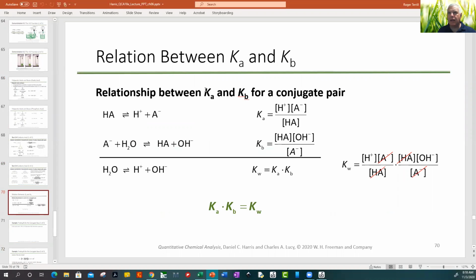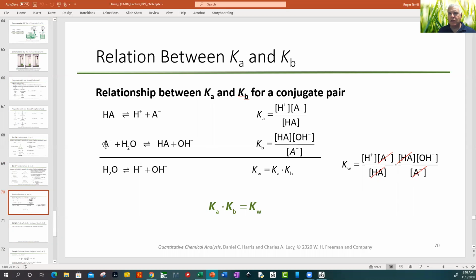So Ka and Kb, for the conjugate pair, right? HA makes H plus with A minus, and A minus with H2O makes HA and OH minus, right? You can write those equilibria here, and you can see that if you multiply them together, Kw is equal to the product of Ka and Kb. So Kw is equal to Ka times Kb.